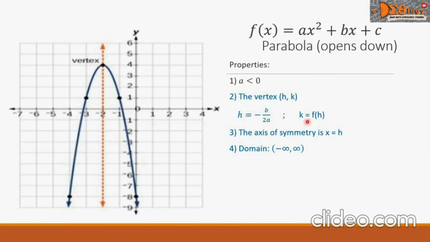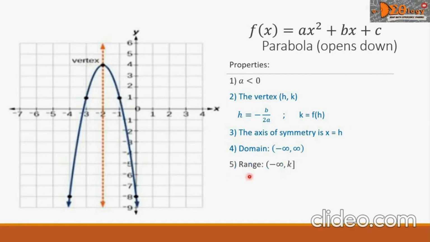Also, the k equals f of h. Property number 3, the axis of symmetry. This is the axis. And the equation is x equals h. Property number 4, the domain is all real numbers, and the interval notation is negative infinity up to positive infinity.